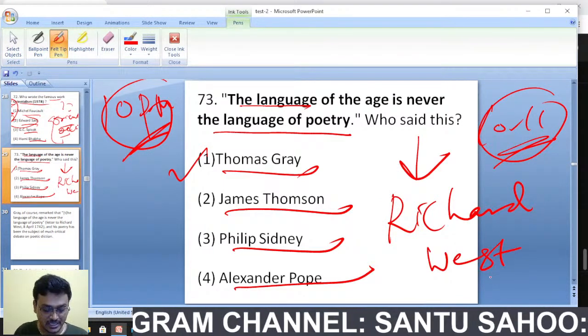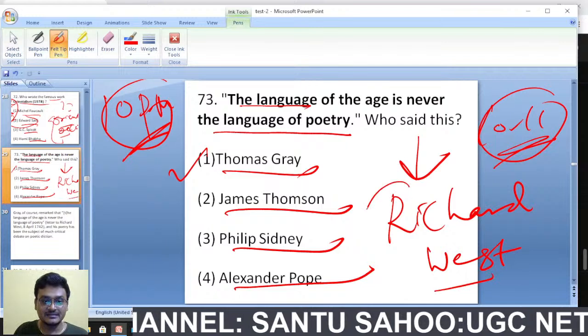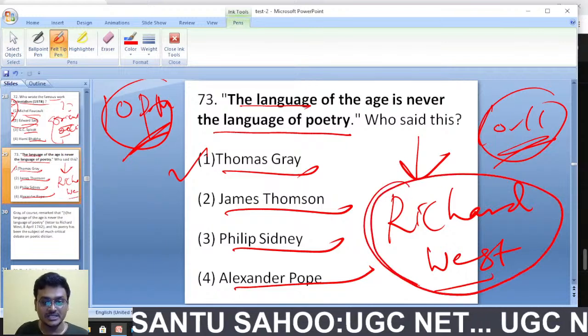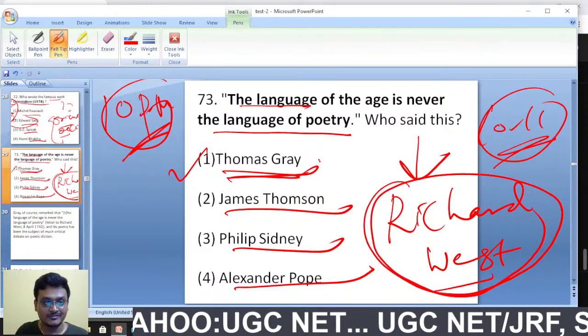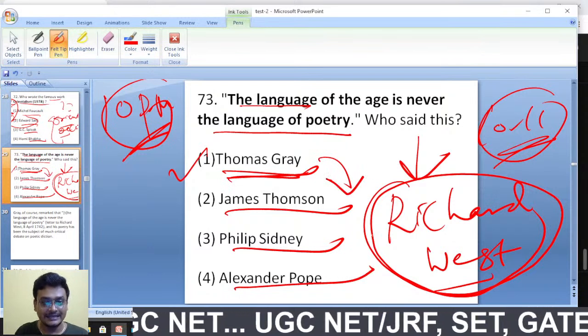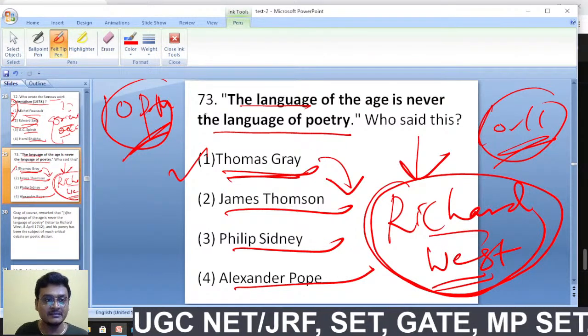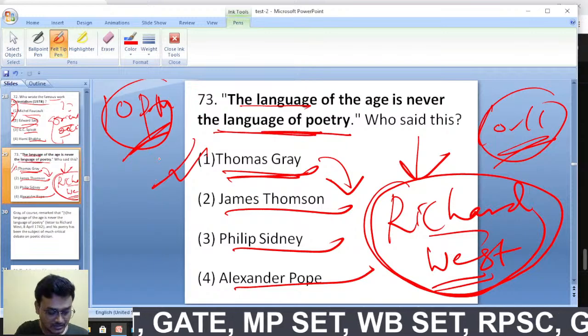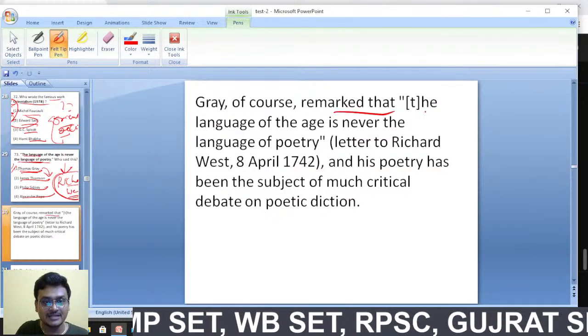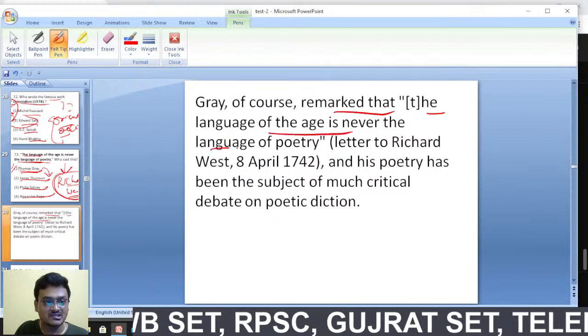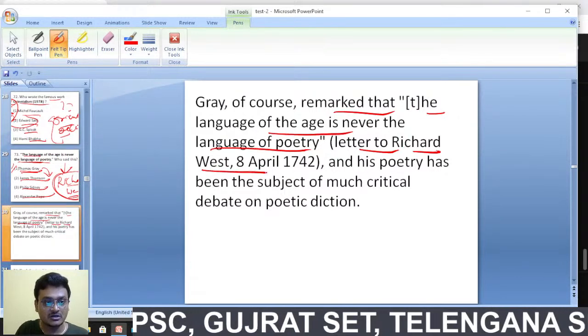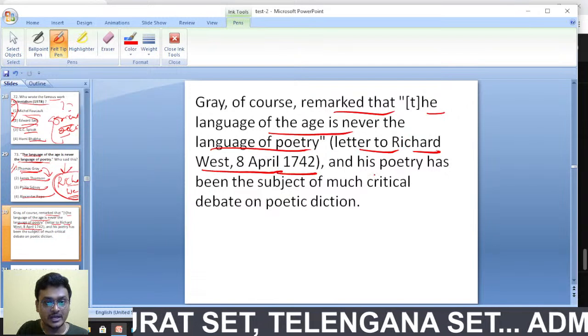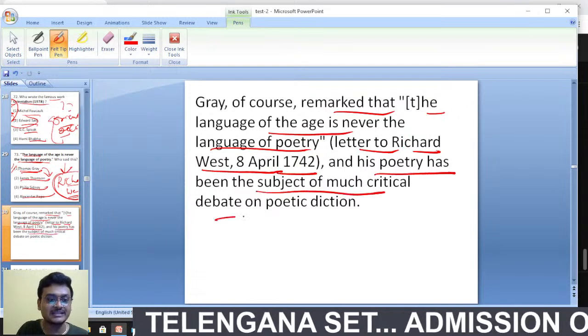Thomas Gray wrote that the language of the age is never the language of poetry. A1 is the right answer. The letter to Richard West was dated 8th April 1742, and his poetry has been the subject of much critical debate.